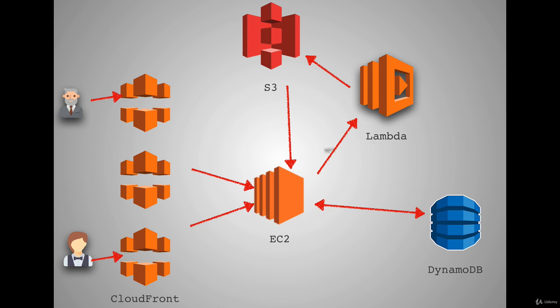Here's an example. With our SmartBrain app, for example, we can have CloudFront CDNs all over the world so that when a user goes online from anywhere in the world, they're served our HTML, CSS, and JavaScript files from whatever server is the closest.